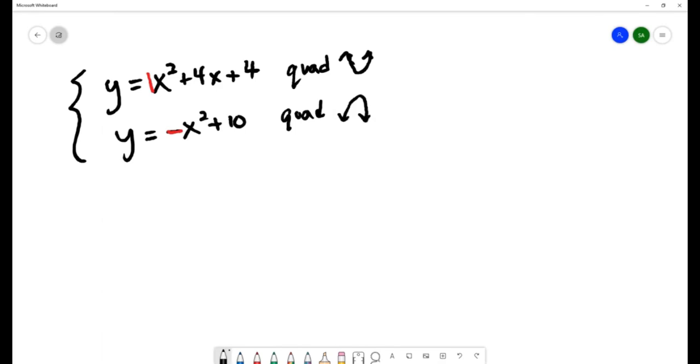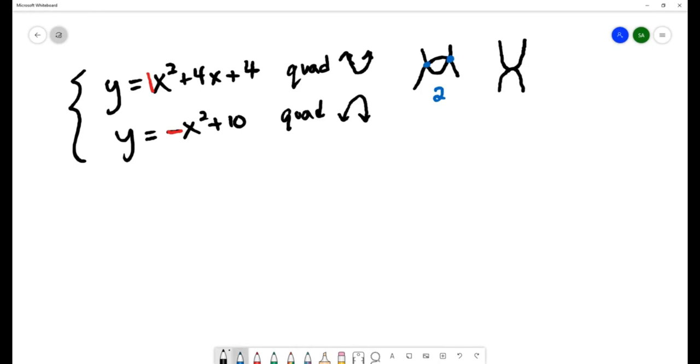So I'm going to draw this up-facing and down-facing parabola in the same picture, and we might get something that crosses like this, where we would have two intersection points, and that would mean that we would have two solutions to this system. But the two parabolas might just touch each other like this.